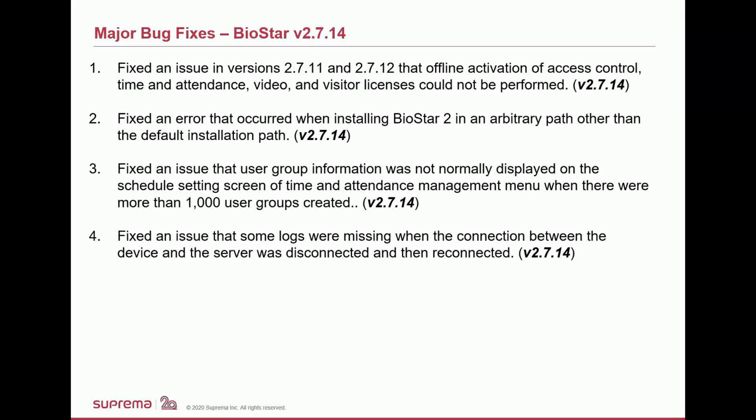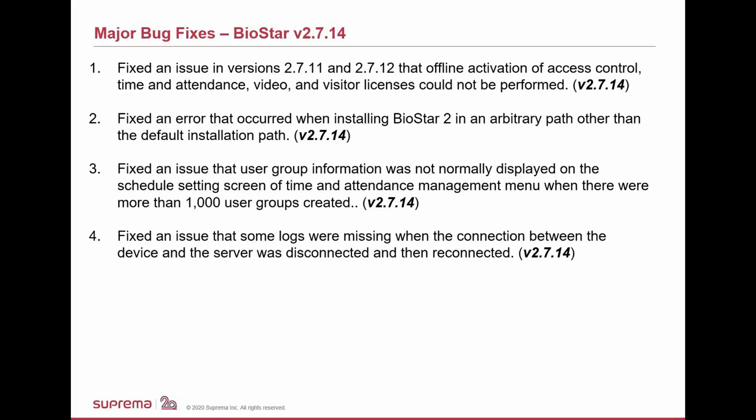And we fixed an issue in versions 2.7.11 and 2.7.12 where offline activation of access control, time attendance, video, and visitor licenses could not be performed in BioStar 2.7.14. Also, the next one is the bug fixes from version 2.7.14. We fixed an error that occurred when installing BioStar 2 in an arbitrary path other than the default installation path.